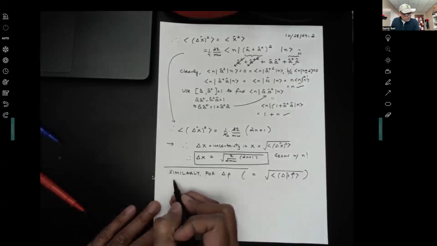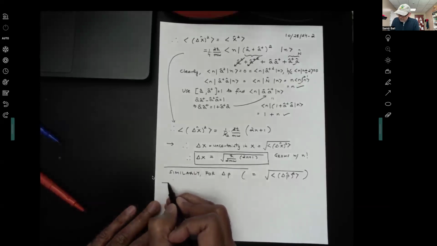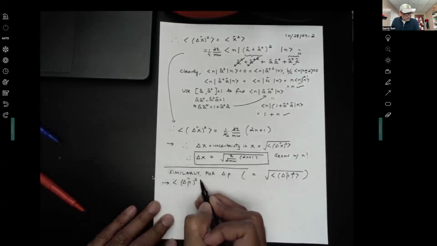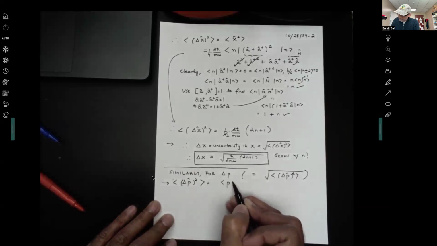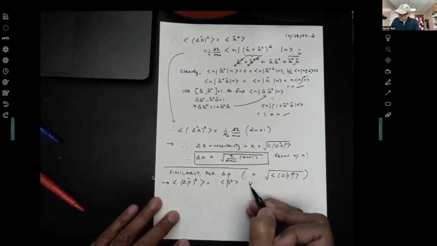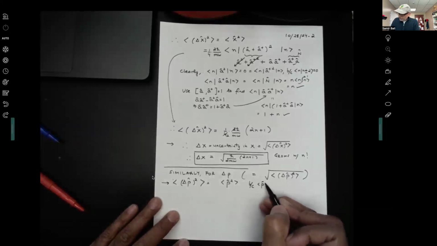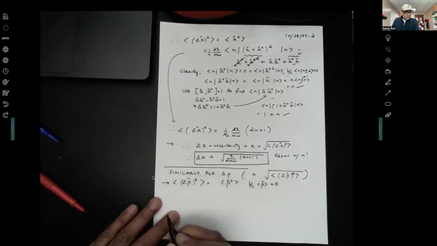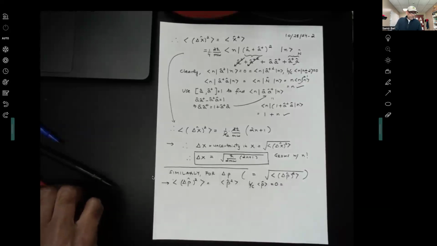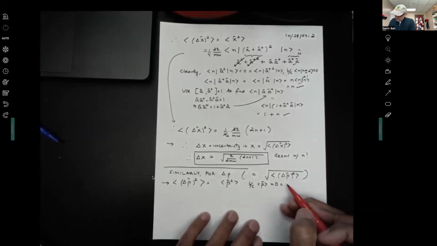And so again, proceeding similarly as we did before, you will find that this is just p operator squared, because the p operator expectation value is 0. Why is that? Because remember what p was defined as earlier.